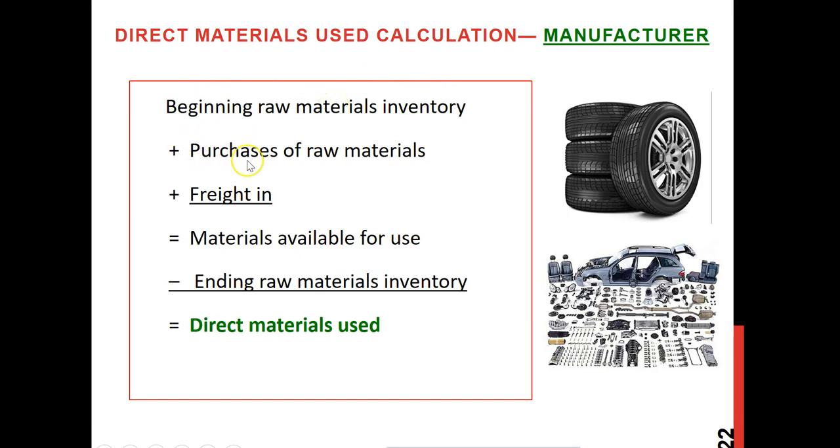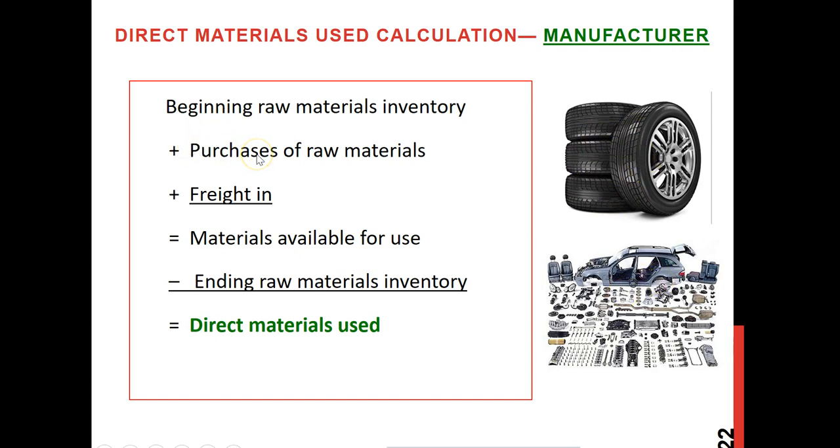Then you need to add the purchase price of those new raw materials that you purchased in this period. Whatever the number of cars you want to manufacture, say 50 Toyota Corollas, you need to buy all these raw materials.